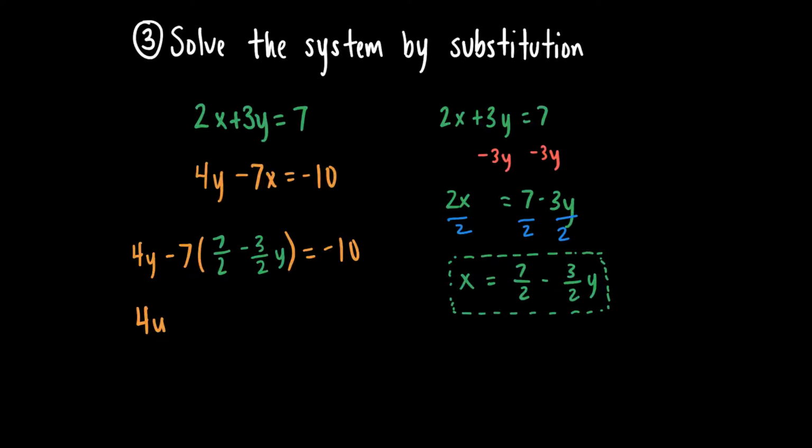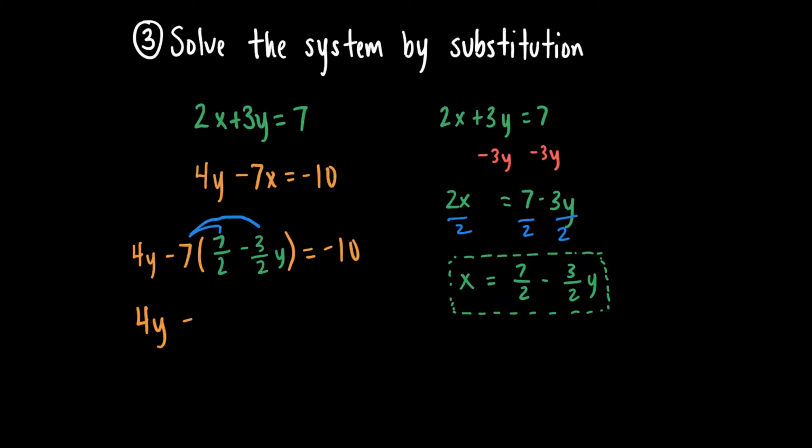So we got 4y. Okay, we're going to have to distribute the negative 7 here and also here. When we distribute the negative 7 with the 7 halves, remember, when you multiply a fraction, you just multiply the top with the top and the bottom with the bottom. If you have something out in front that doesn't have a bottom, it goes with the top.